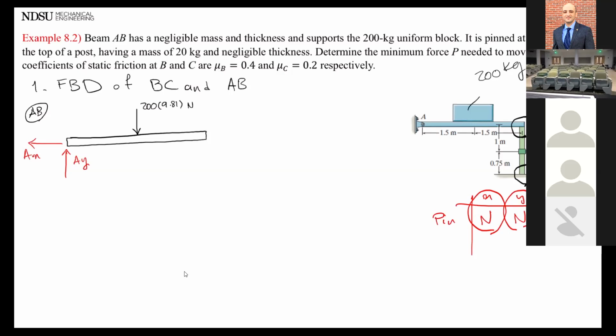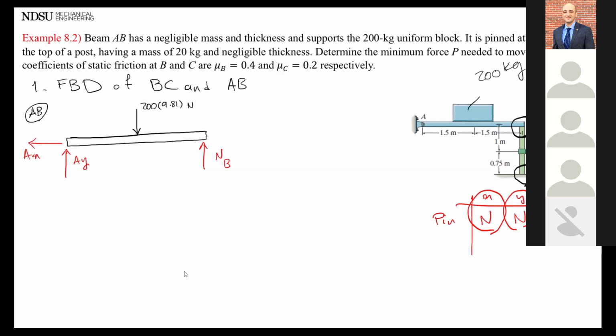All right. What about point B? What kind of reaction does point B have for me? A normal force pushing up. It has a normal force pushing up. What else? Wouldn't there be a moment since it's not supposed to rotate?